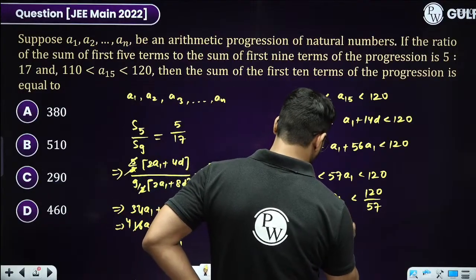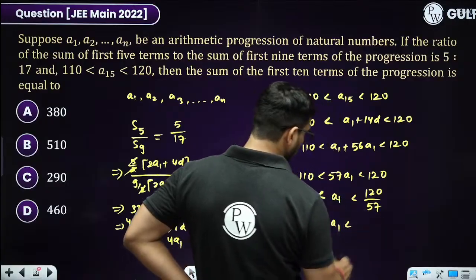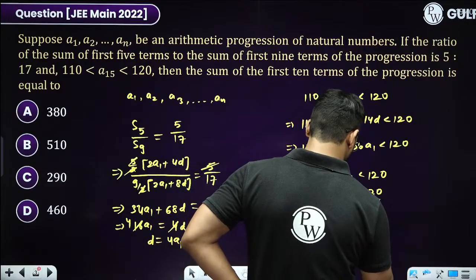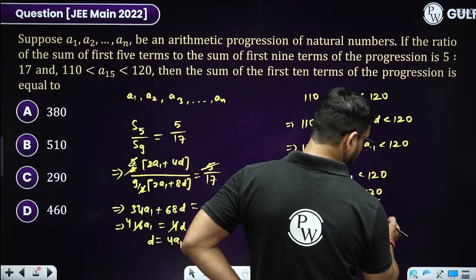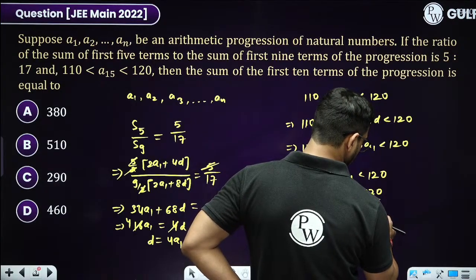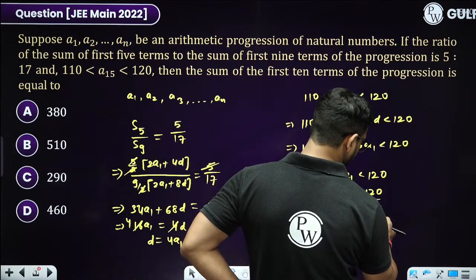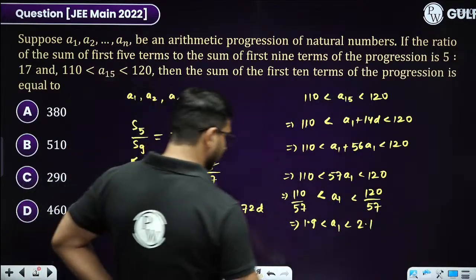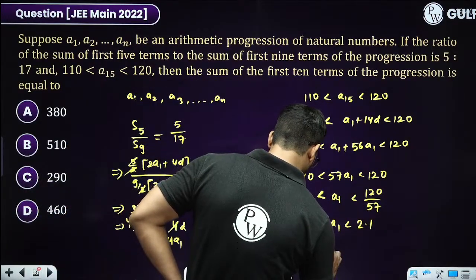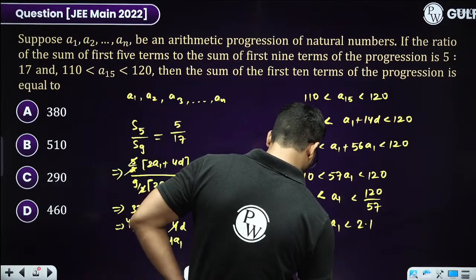So this one is 1.92. Let's say this is A1 and this one 2 point something, 2.1. So I think we should take A1 equals 2. Yes or no?